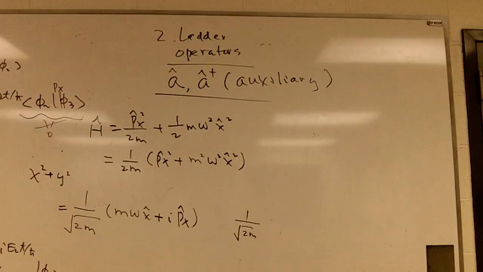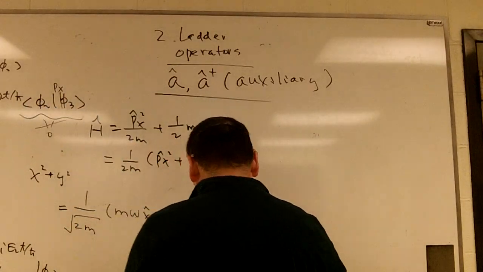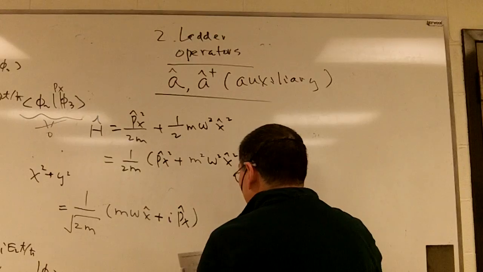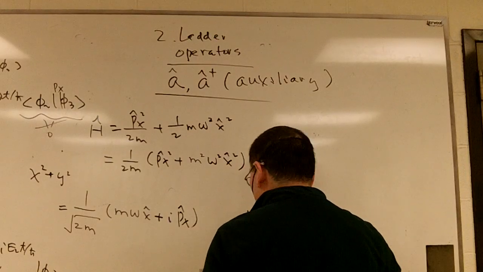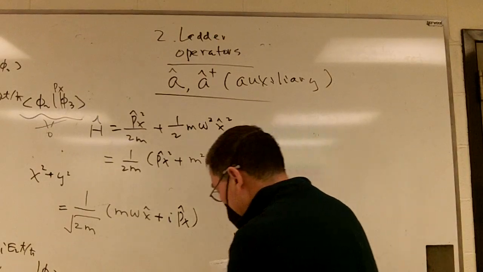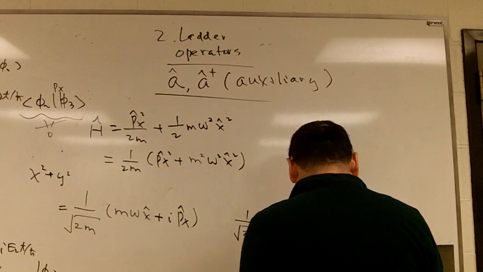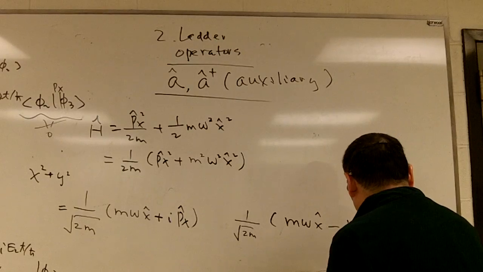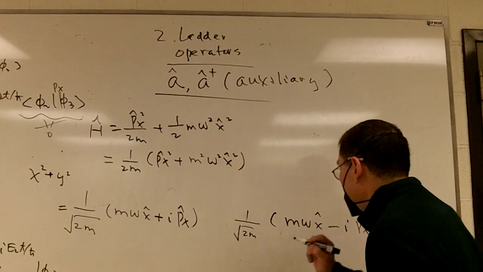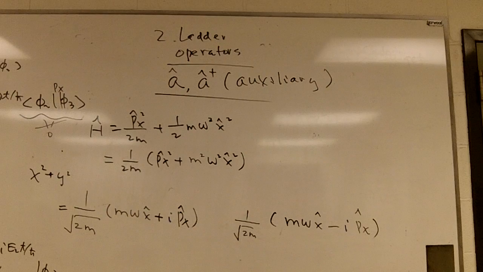Just be careful, we put another i, which is blue color here, directly there. And in the second term, I would add m omega x hat minus blue color i, and then I have px. Like this. So that's the expression which we have.